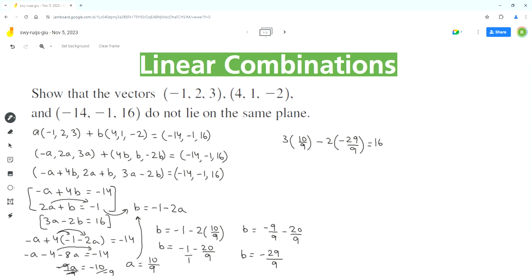Now we can work on the left side. So 3 times 10/9 is 30/9. And then -2 times -29/9 is equal to positive 58/9.